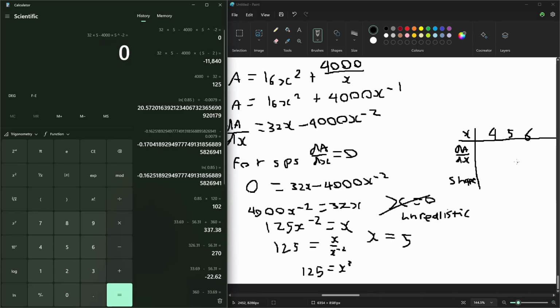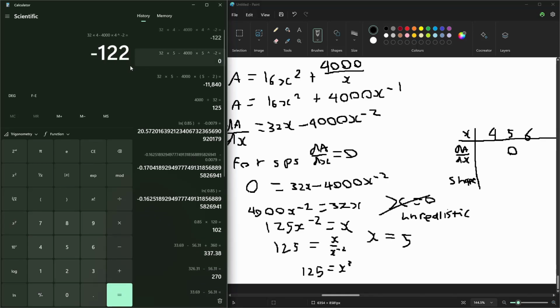Now just to make sure that I'm not going insane, we're going to go 32 times 4 minus 4,000 times 4 to the power of minus 2. So that's going down. Right. And then finally we do it for 6.